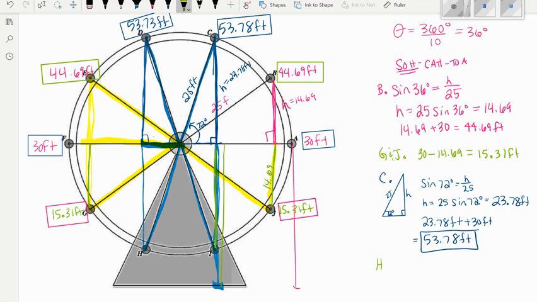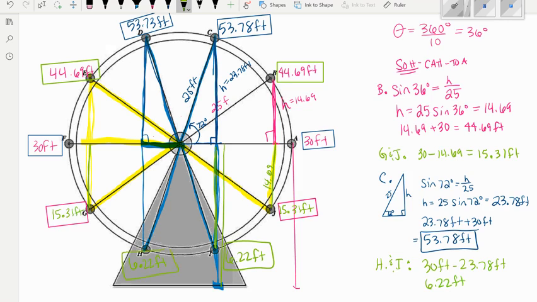So for H and I, we take 30 feet and subtract 23.78 feet. That gives us 6.22 feet above the ground. So this would be 6.22 feet and 6.22 feet.